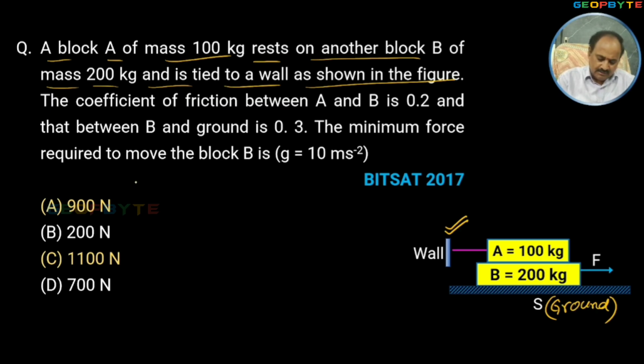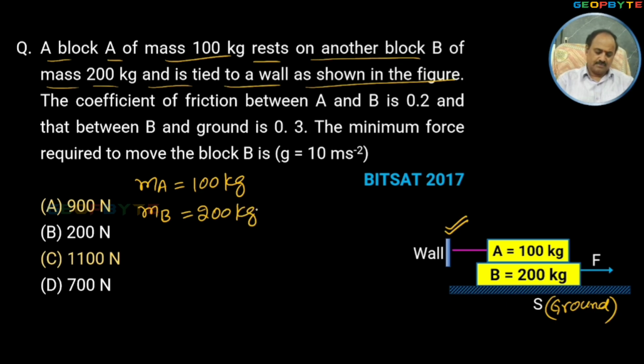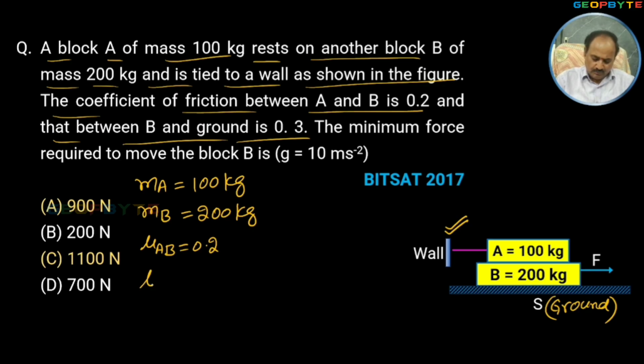It is clearly given that the mass of block A is 100 kilograms and the mass of block B equals 200 kilograms. The coefficient of friction between A and B is given as 0.2, and that between B and ground, meaning the surface, is 0.3.